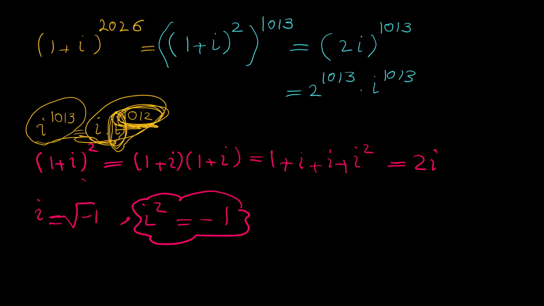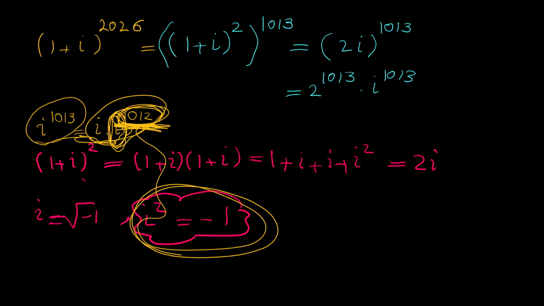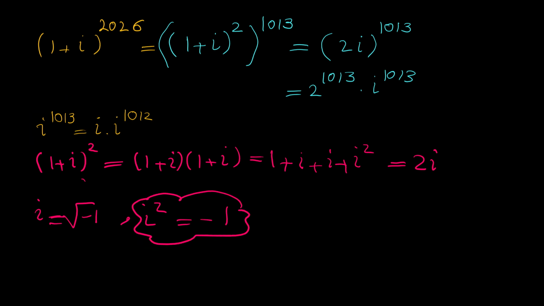But why do we want i to an even power? Because of this property: i to the 2 is negative 1. So now we can write this as i times i to the 2 to the power of 506. 2 times 506 is 1012.